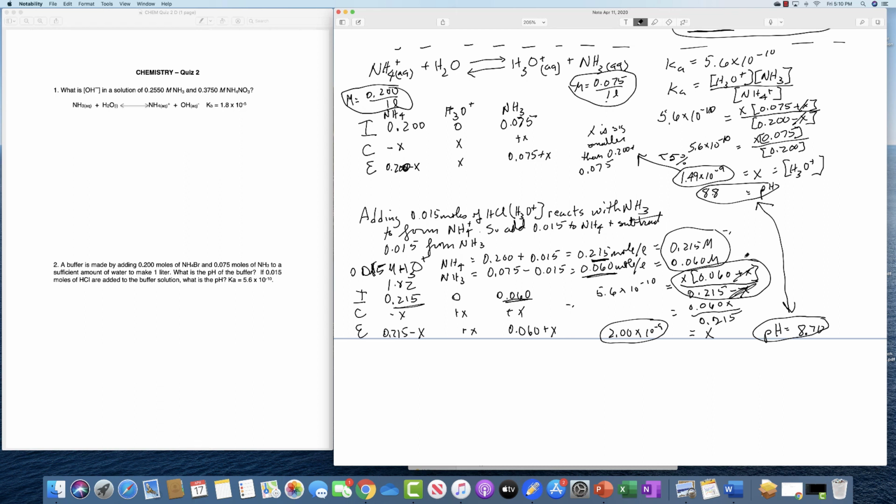And yet you add it here, and it only changes the pH 0.1 points. So that's the whole idea behind buffers: by having these kinds of solutions set up in the way they're set up, you can add a meaningful amount of acid and get very, very small changes in pH.